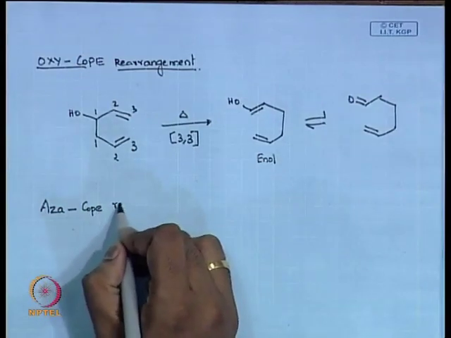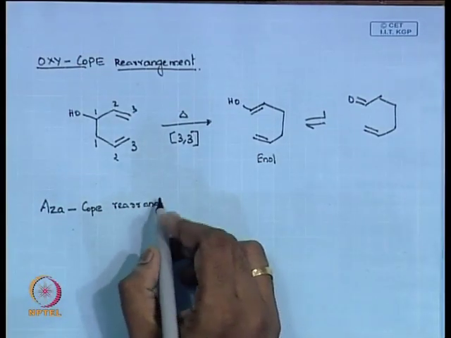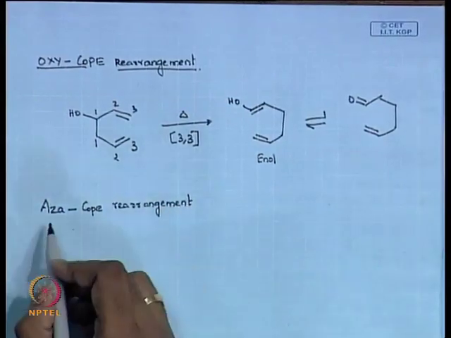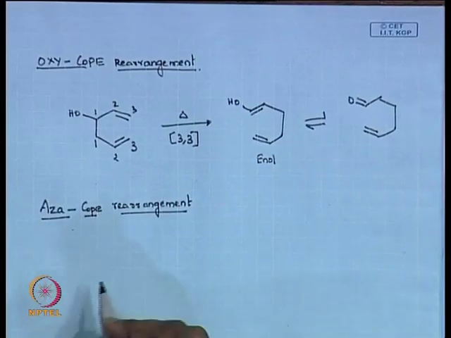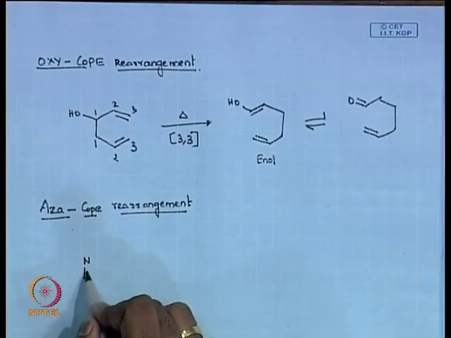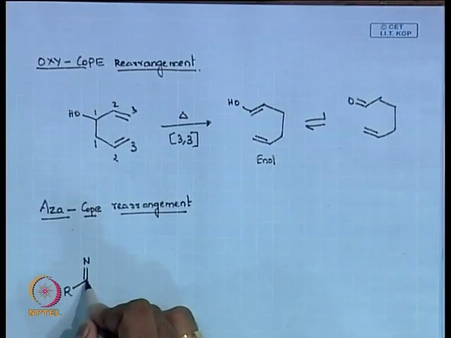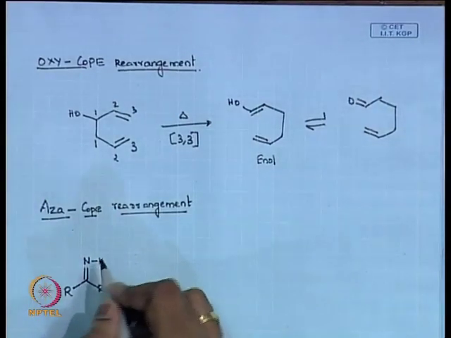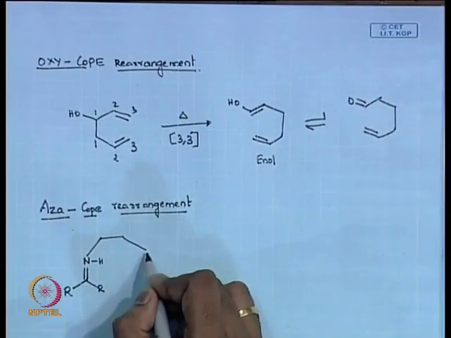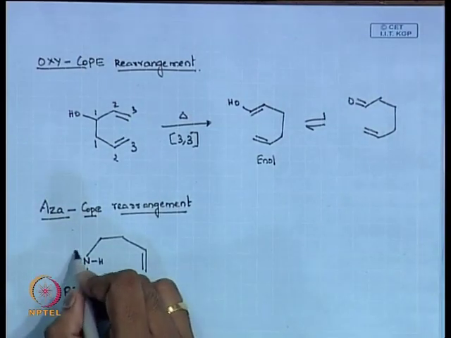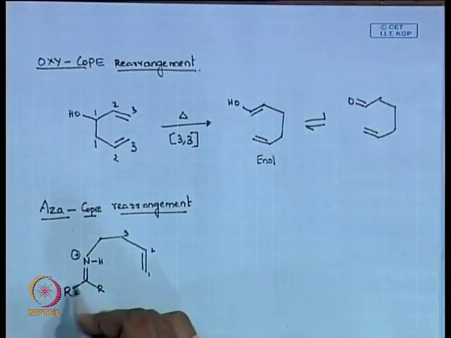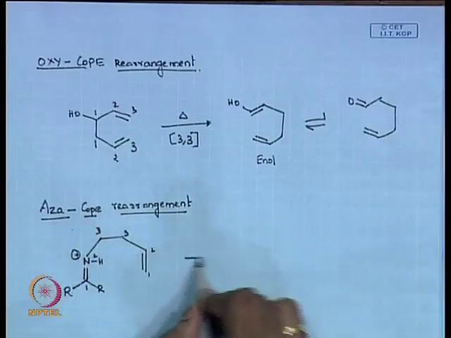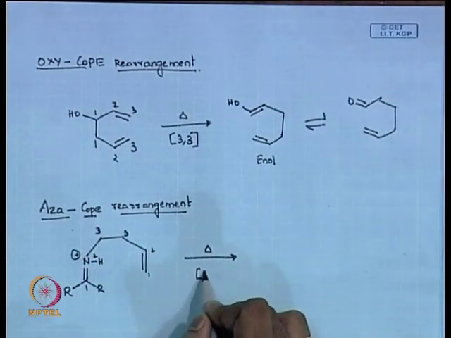Aza-Cope rearrangement, that is also there. So 1, 2, 3, you can write 1, 2, 3, heating, 3,3.